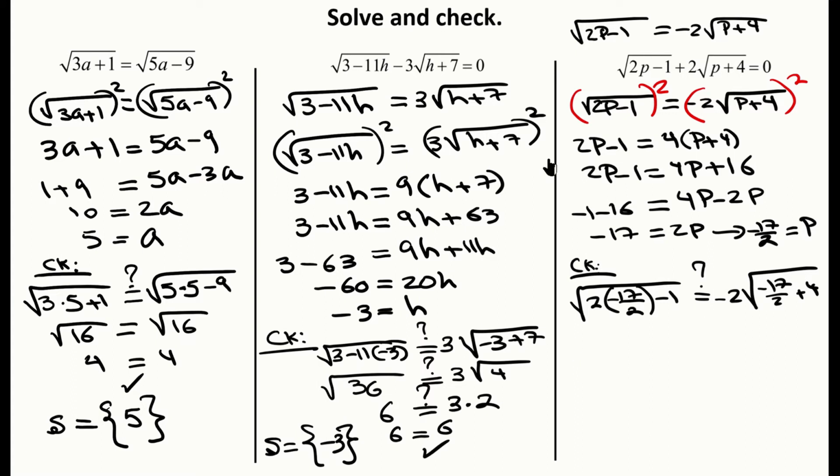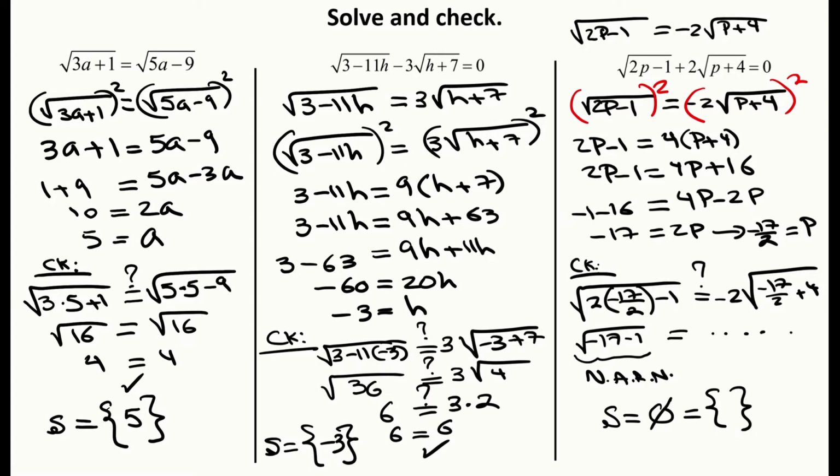And right here we have the square root of -17 minus 1 equals, I'm just going to put dot dot dot, because if you notice right here, that's not a real number. So that's pretty much where we can stop and realize this is not going to work out. So at this point we can safely say what we had already detected might be happening, and we can say the solution set is empty.